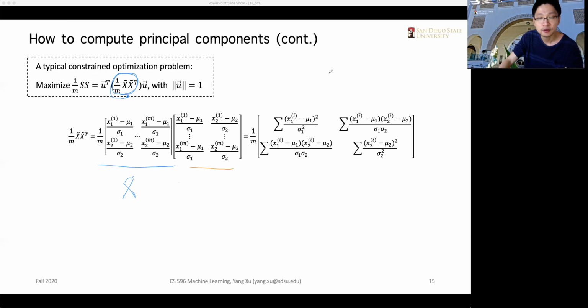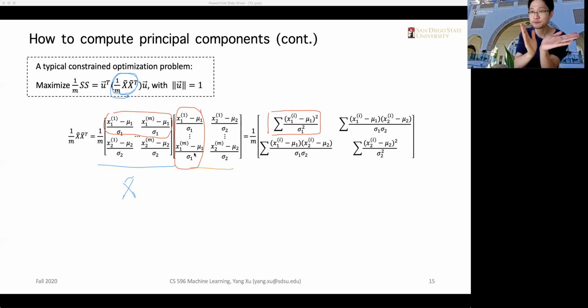So now if you focus on this term on the right, the upper left corner here is the summation of a bunch of squares, right? How do we compute the upper left corner? We take the first column and conduct a dot product with the first row. Because the first column is just the first row itself, right? There's no difference. We just make the whole row a column, right?